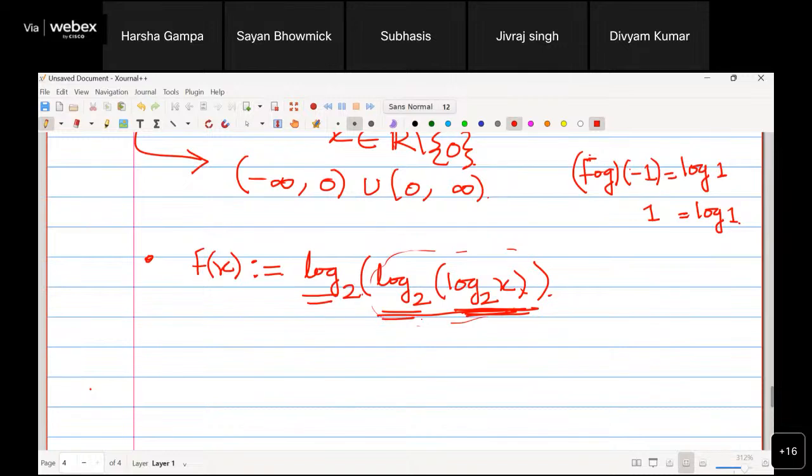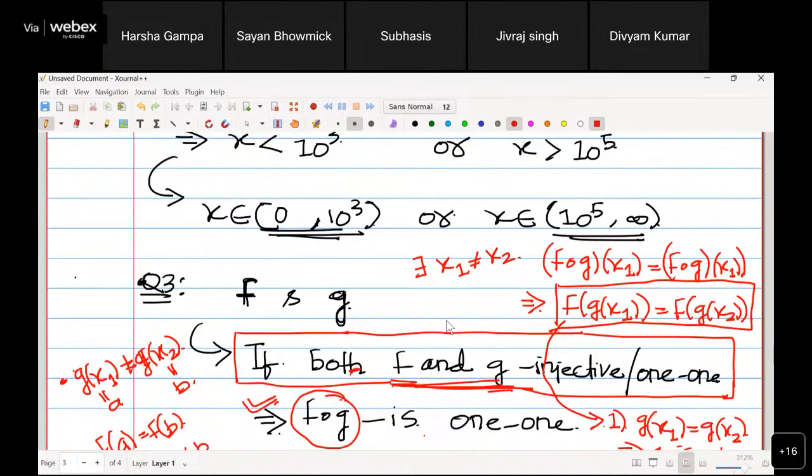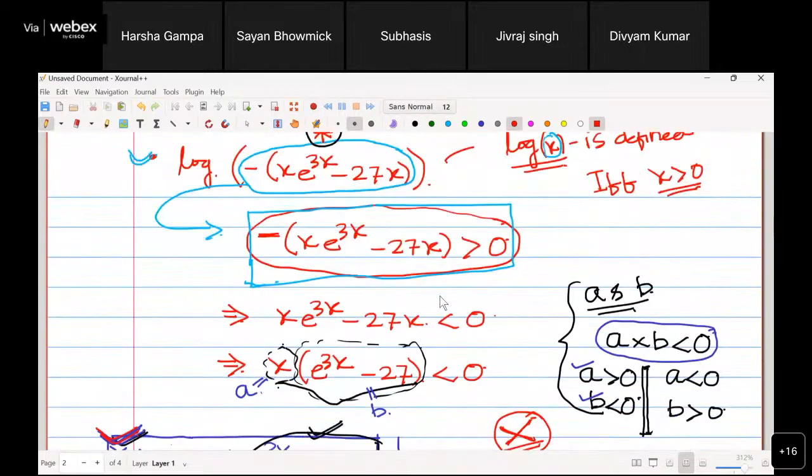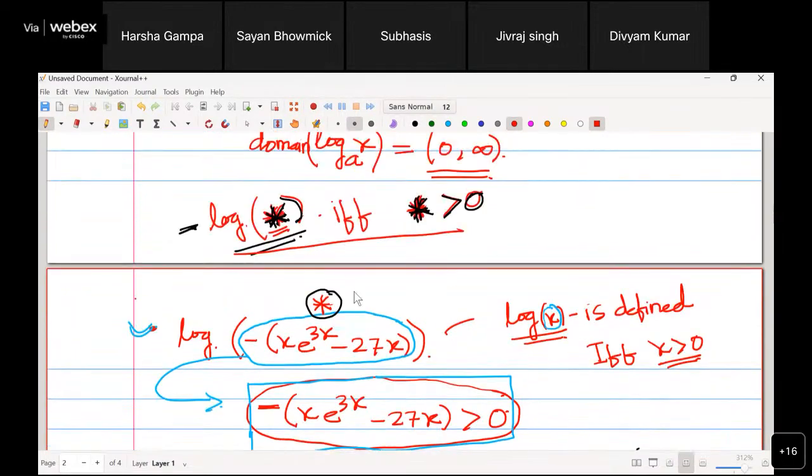As I said, this depends on the function. This is easy, but this is not easy, and this is also not easy.